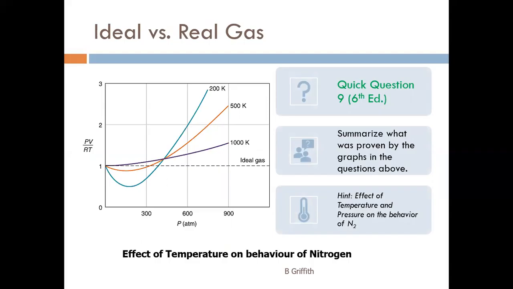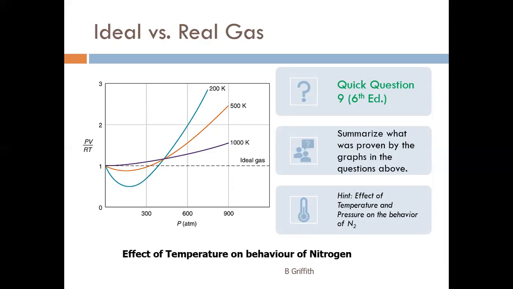When you're done with those questions, please take some time to summarize what was proven by the questions. Again, this is in terms of what we see as the product PV. Remember, this is PV over RT, and RT is constant. So what are we seeing about PV for this gas, nitrogen, as pressure is changed?